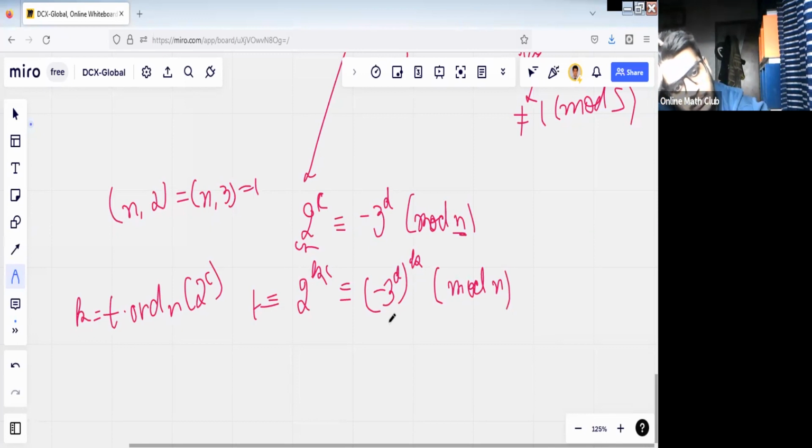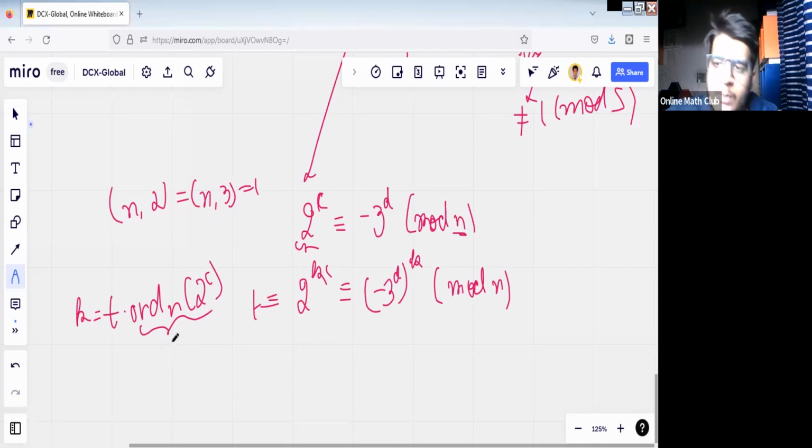What if k is even? Yeah, it's possible to have k as even, if the order is just even.